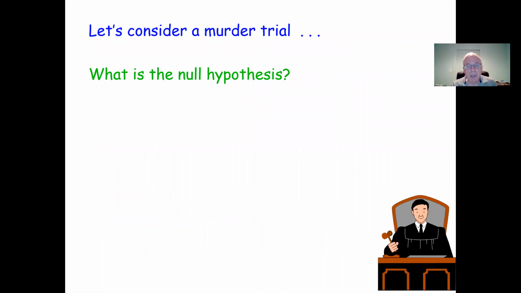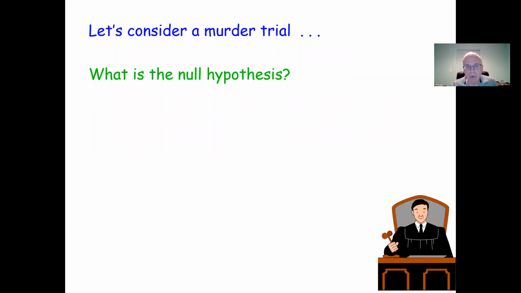Now, an analogy for hypothesis testing is a criminal trial in a court. I don't know if any of you have ever been on jury duty, but there are two types of cases: criminal cases and civil cases.